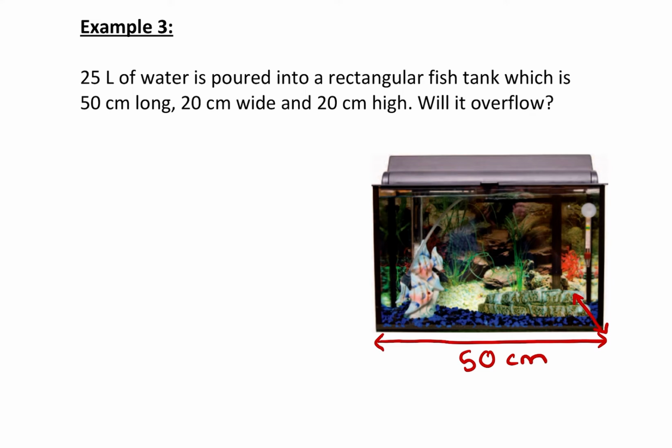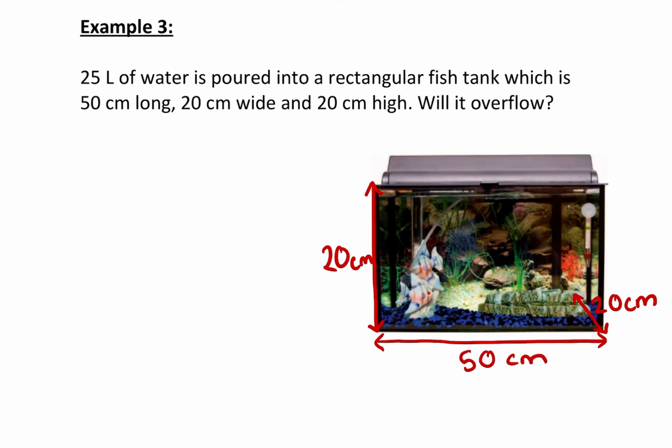So the width of the fish tank is 20 centimetres. I don't think this is to scale. And it's 20 centimetres high as well. So the height here, this other dimension, is 20 centimetres.